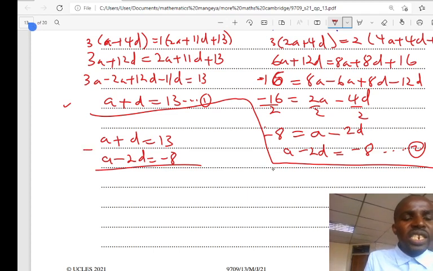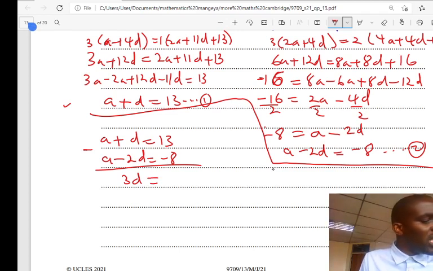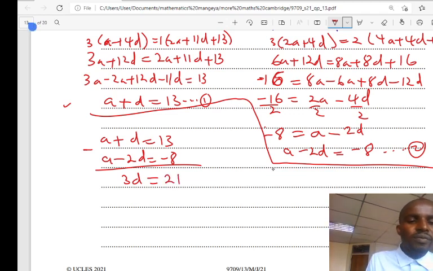Eliminate a, you subtract: equation 1 minus 2. Then a minus a is 0, d minus 2d, which is d plus 2d, is actually 3d, is equal to 13 minus 8, so 13 plus 8. 13 plus 8 is actually 21.